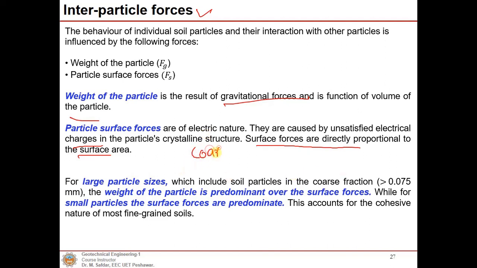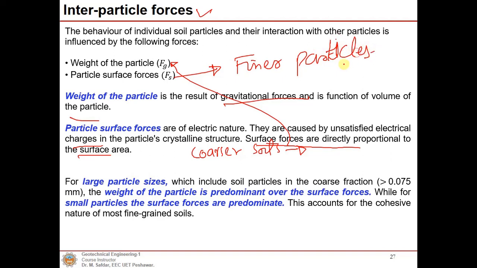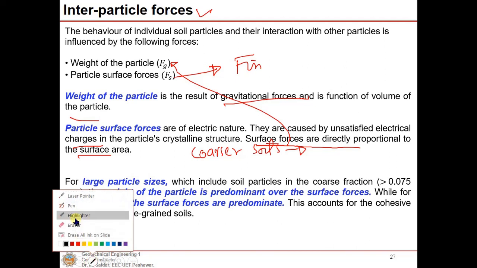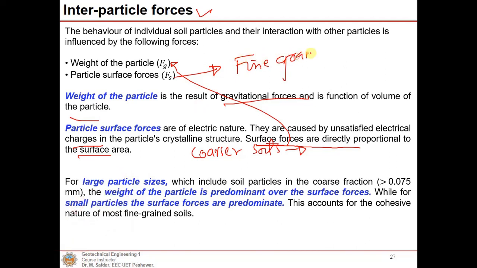So for coarser soils, this one is predominant, while in case of finer particles, or we can say fine grained soils, particle surface forces are predominant.